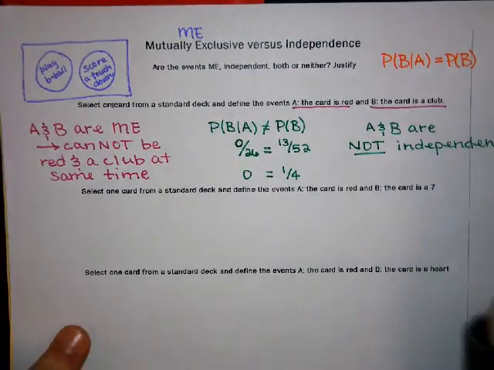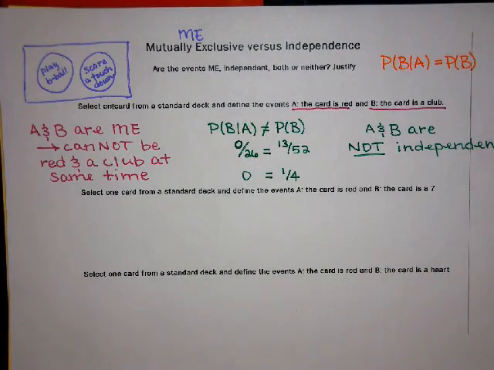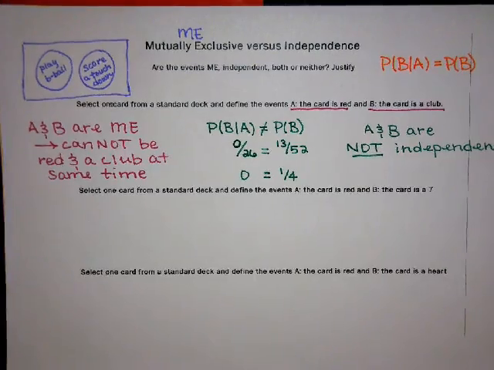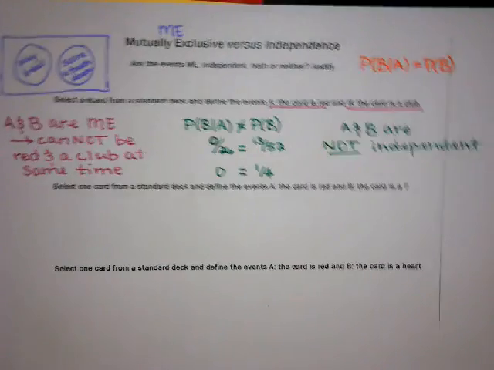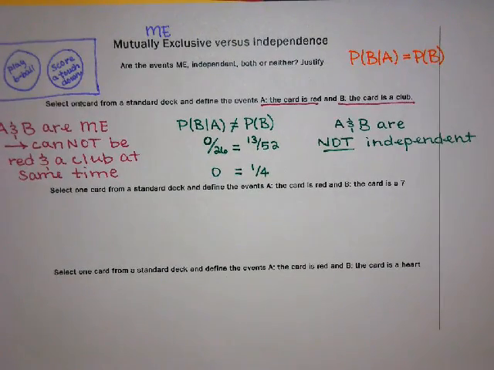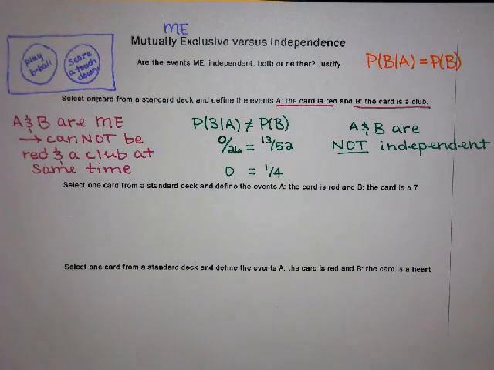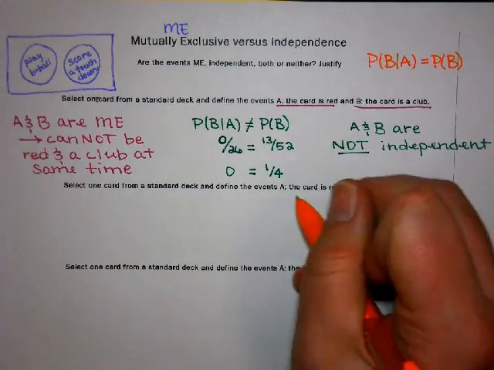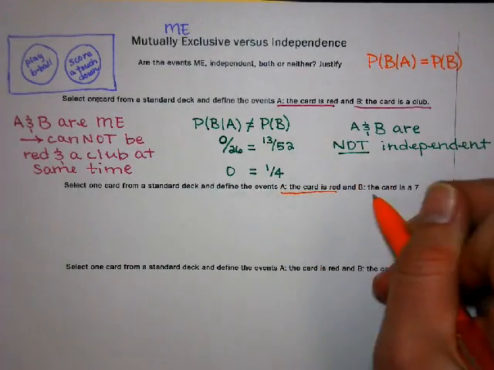All right, still working with cards, still only choosing one card from the deck. This time, event A, the card is red, B, the card is a 7. So can I have a card that is both red and a 7 at the same time? I'm seeing lots of nods.